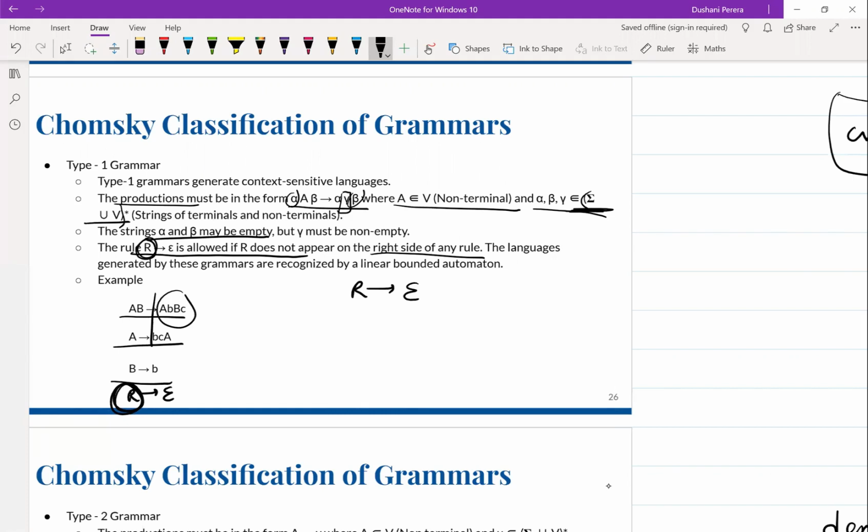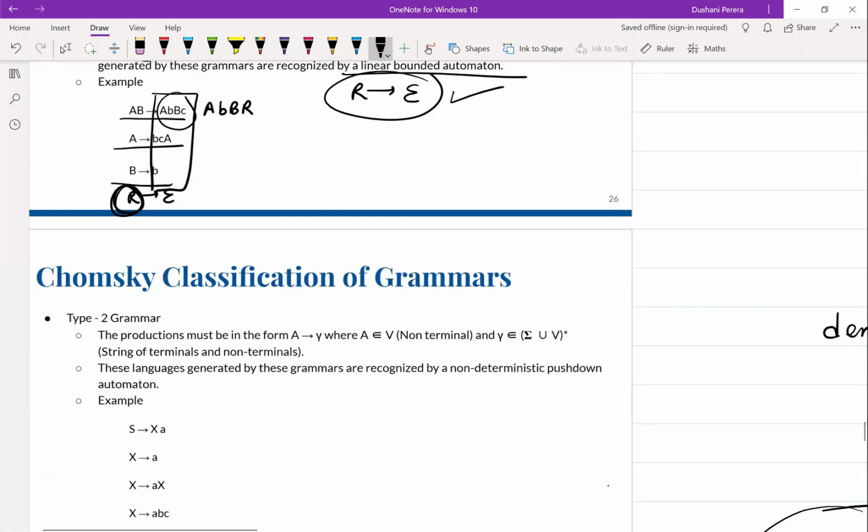It can't appear inside that. That means we can't have something like A B B R on the right hand side. Otherwise, we can have this type of productions as well. Okay, right.